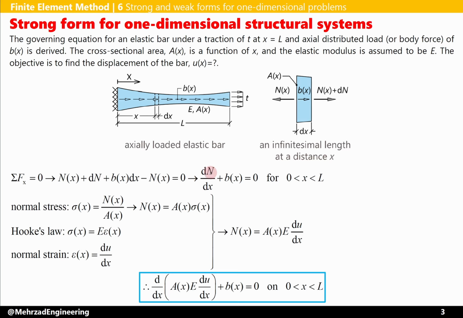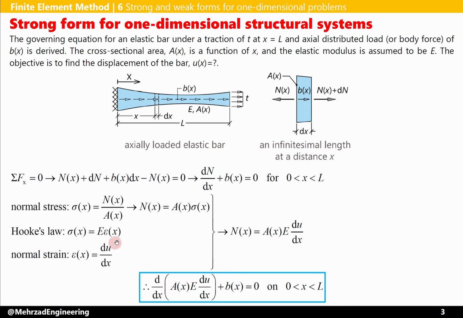But in fact, we need a differential equation based on u, displacement. So for this purpose, we can use the definition of normal stress, which is N divided by A. So we can write N, internal force, is equal to A times sigma, and then we can use Hooke's law.